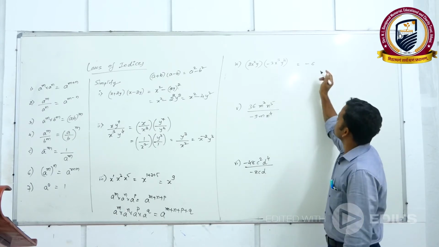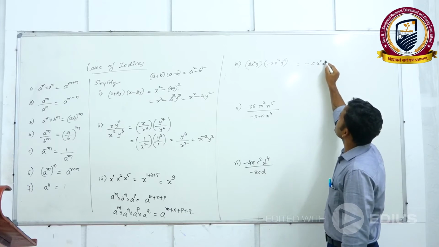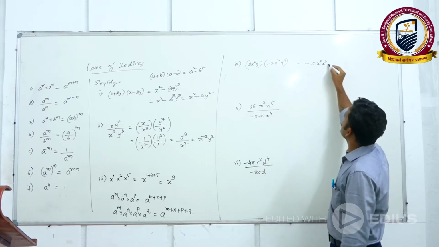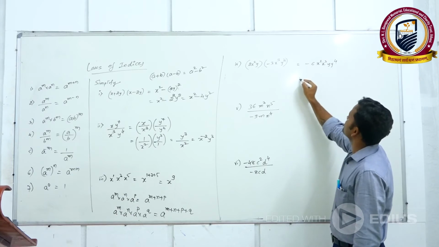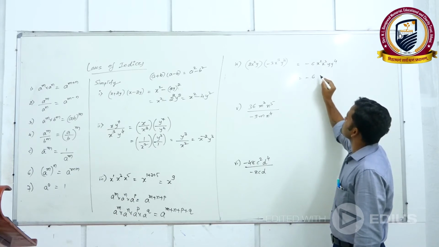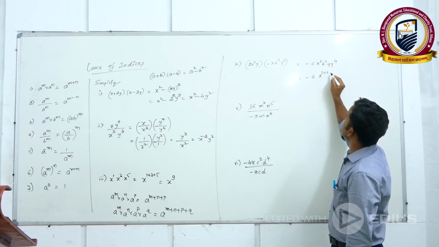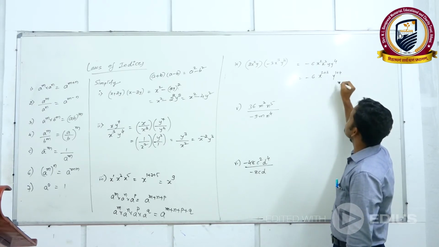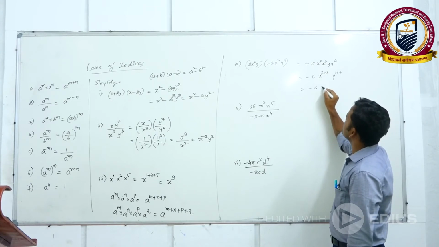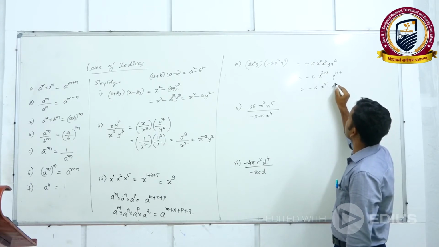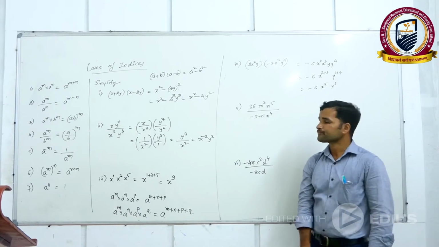Again, bases are the same. So x square into x cube you write, then the remaining y into y raised to 4 you write. Minus 6 into, bases are the same, using that first law of index, x raised to 2 plus 3, and y raised to 1 plus 4. So minus 6 into x raised to 5 into y raised to 5 is the answer.